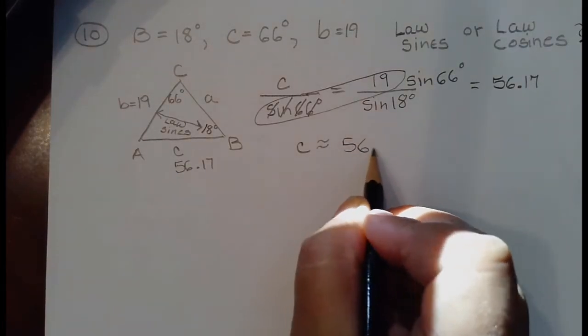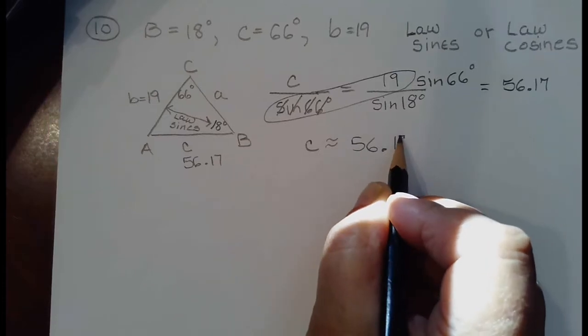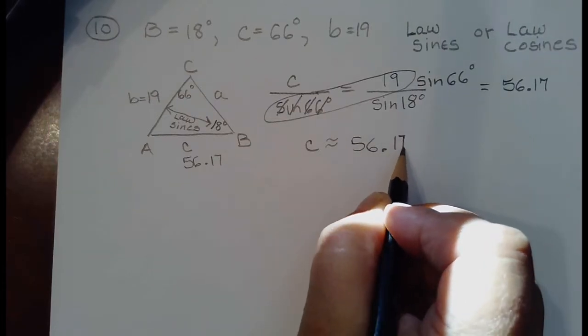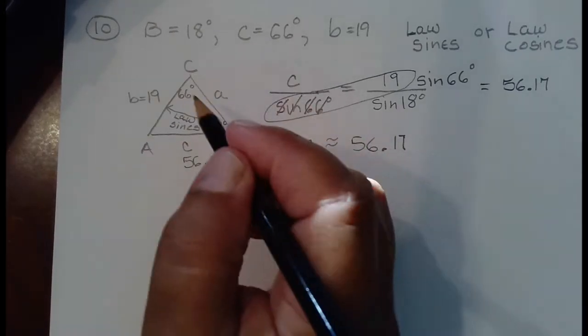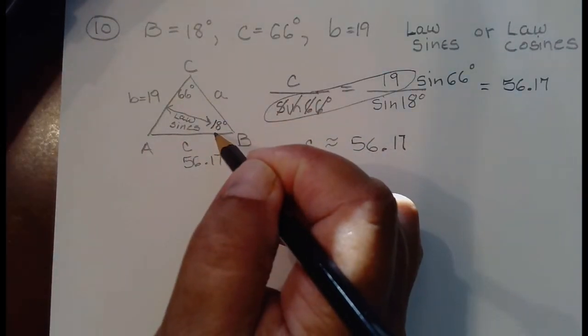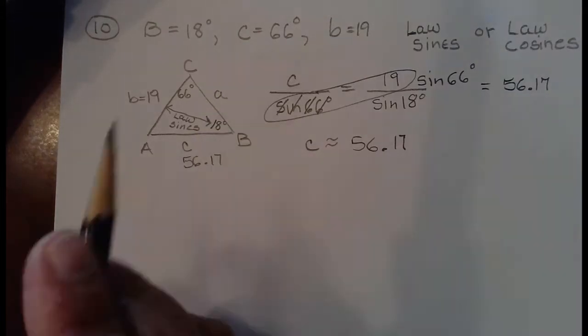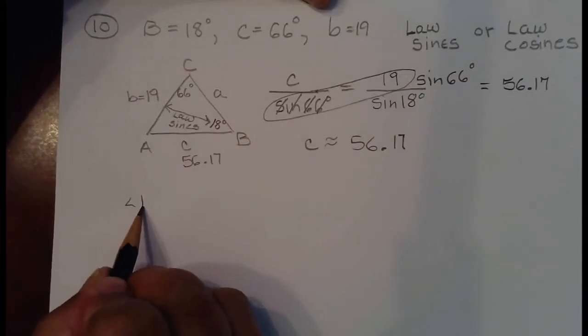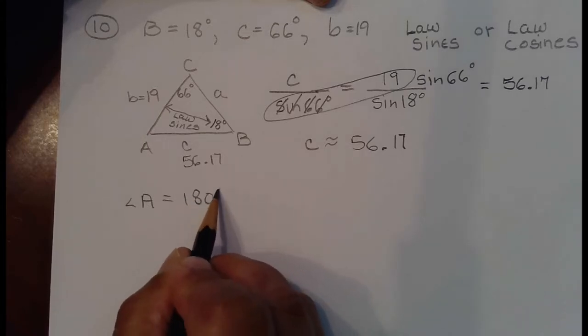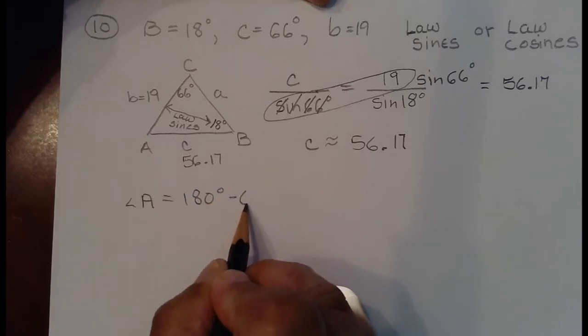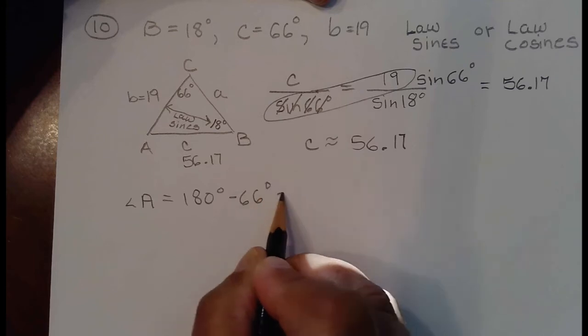Okay, so now we continue, and in this problem, after I have found this, I can also find the missing angle very easily. I can find this angle right here, which would be 180. And you could have even done this first if you wanted to. 180 minus 66 minus 18.